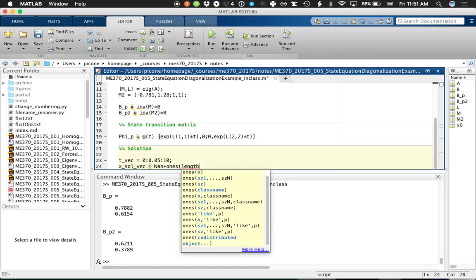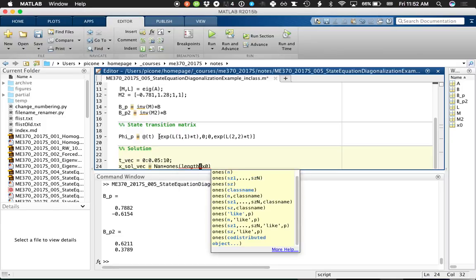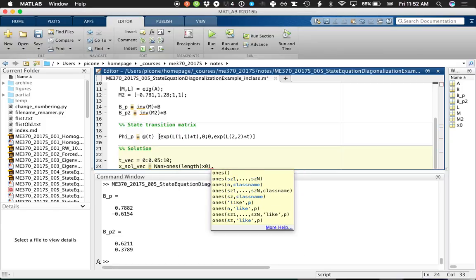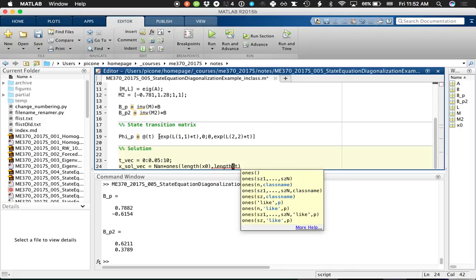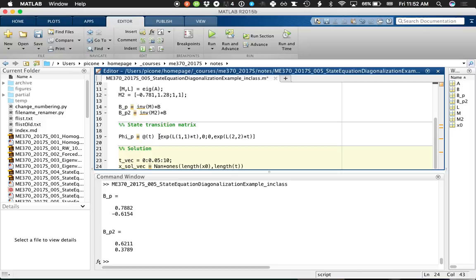And if you want to make your script so that you can change what the initial conditions are, you do length of x0 by length of time. So I'm going to get a 2 by however many time steps array out of this, right?